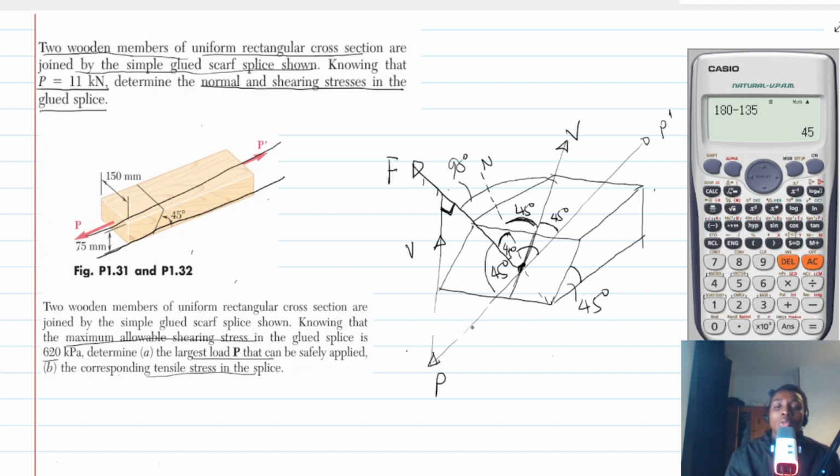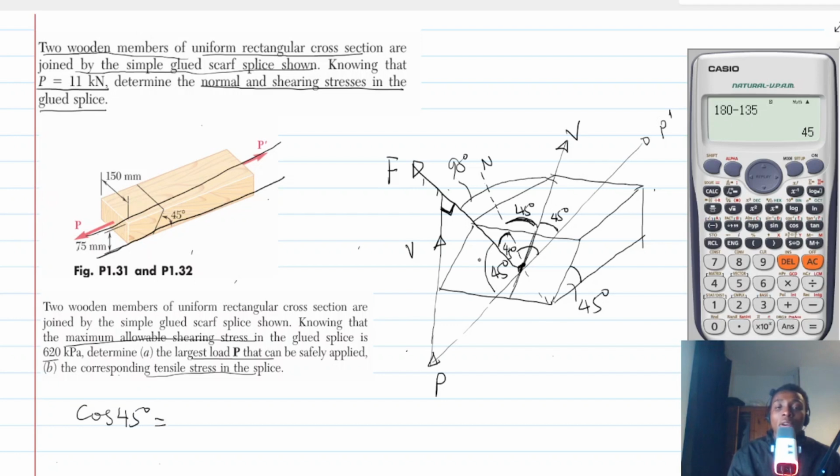All right. So simply put, if we look at this triangle, what do we see? Cosine 45 will be adjacent.